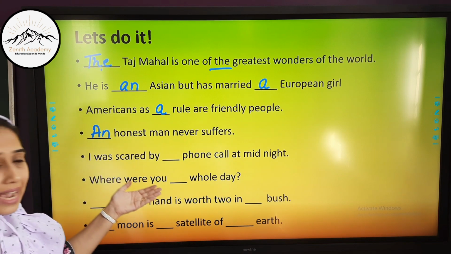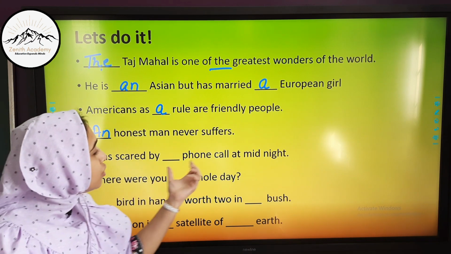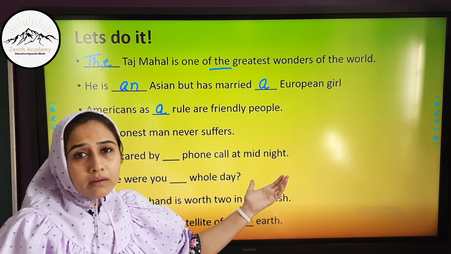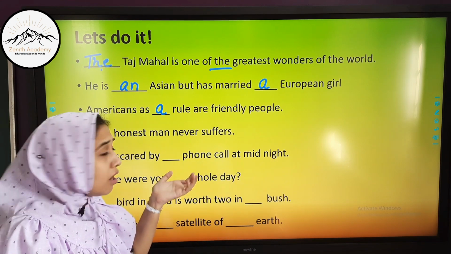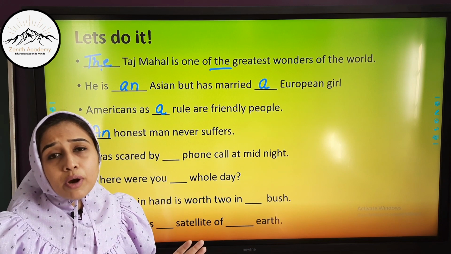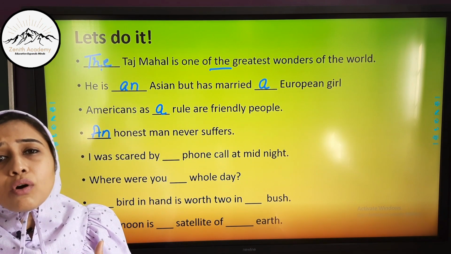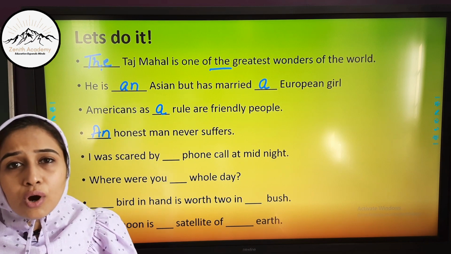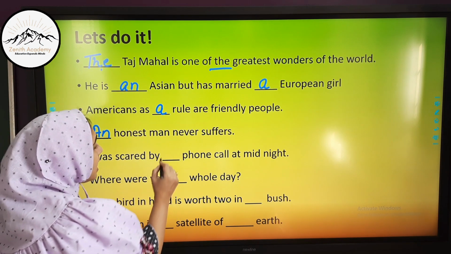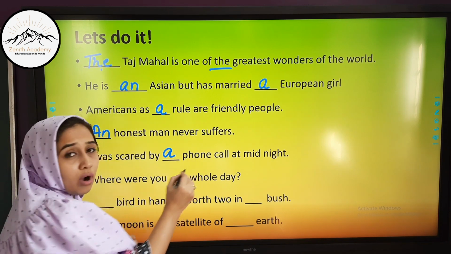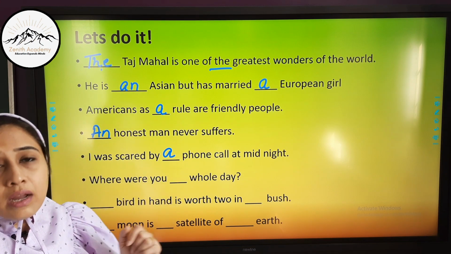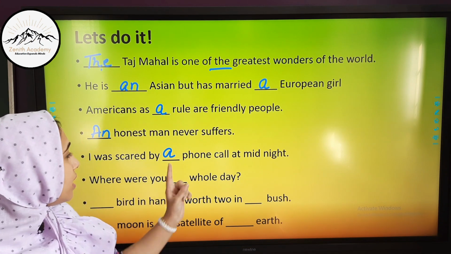I was scared by dash phone call at midnight. Now, the phone call does not seem proper over here. Why? Because we have not mentioned the call before. It was a sudden call at night. So, I was scared by a phone call at midnight. One, we are denoting one over here with a.